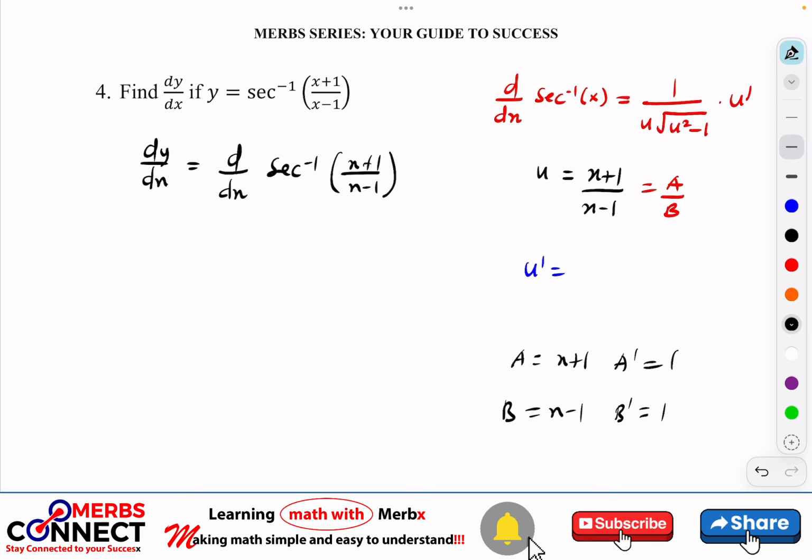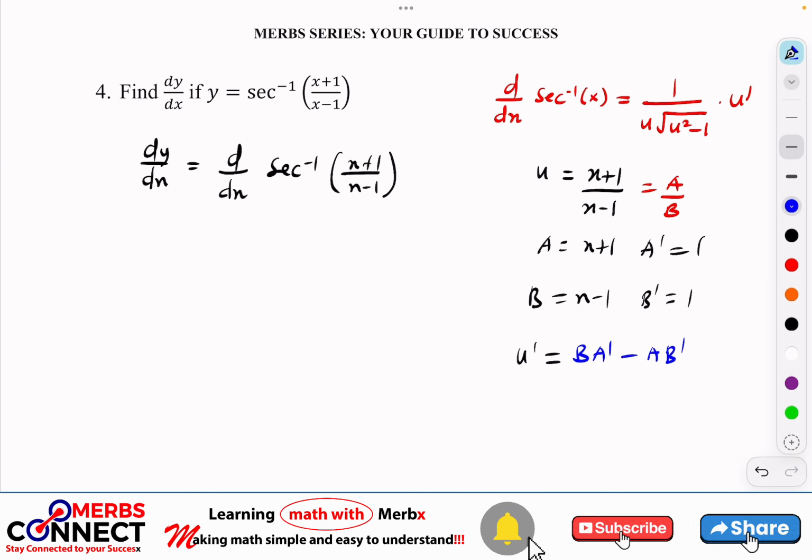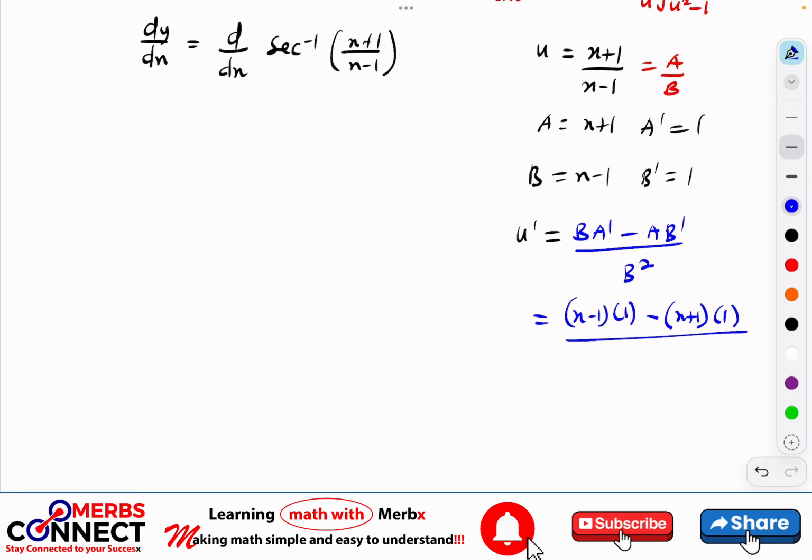So the quotient rule says, let me move this one up and then I'll write u prime here: maintain the denominator, differentiate the top, minus, now maintain the numerator, differentiate the denominator, divided by b squared. So let's do substitution. b is x minus 1 times 1 minus a is x plus 1 times b prime is 1, divided by b squared.